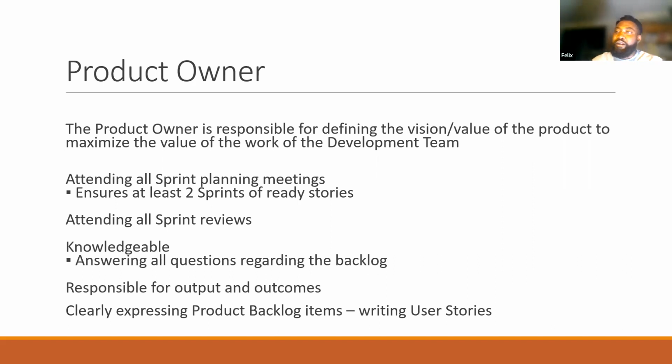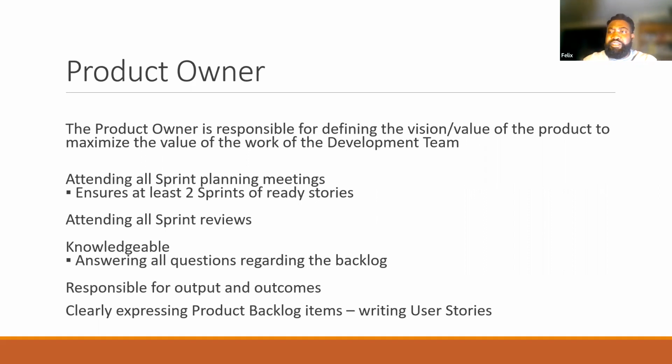All right. The product owner has to be knowledgeable, basically answering all questions regarding the backlog. I mean, he is the product owner, so he needs to have enough knowledge of all the products and services the company has to be able to answer whatever questions the team has during refinement sessions, planning sessions, and even during sprint review, when you are inspecting and adapting the increment.